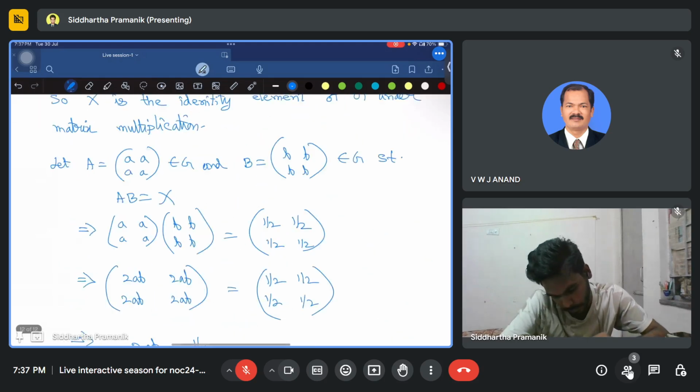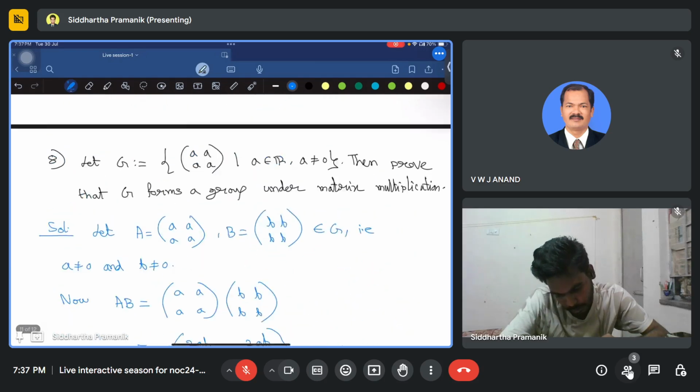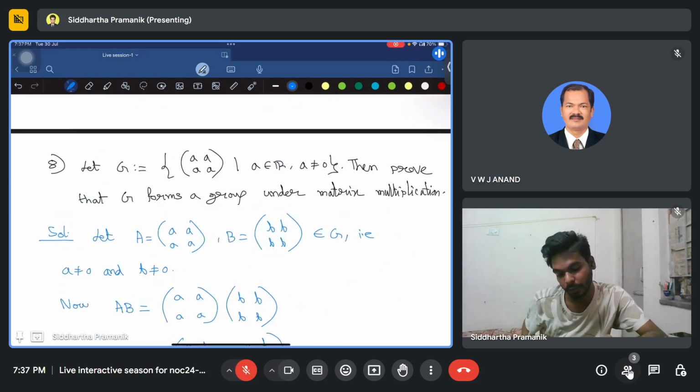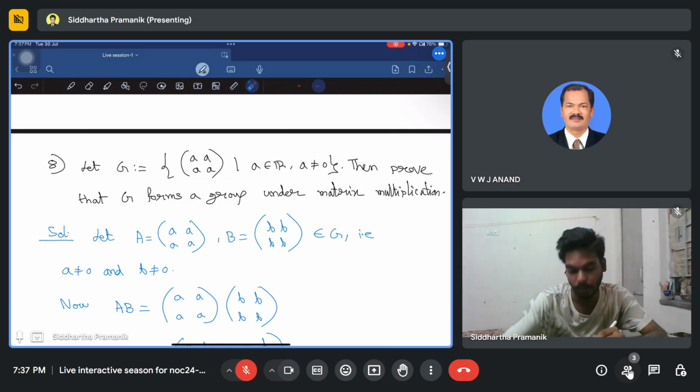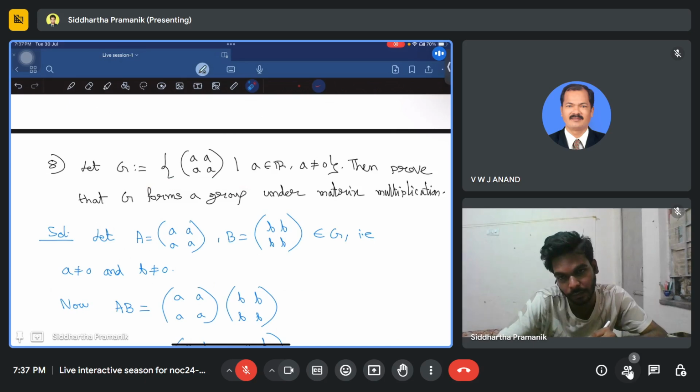Okay. So one thing you can check by yourself is that this in fact is an abelian group. So this is different from the other examples of matrix groups which we have done in this session.